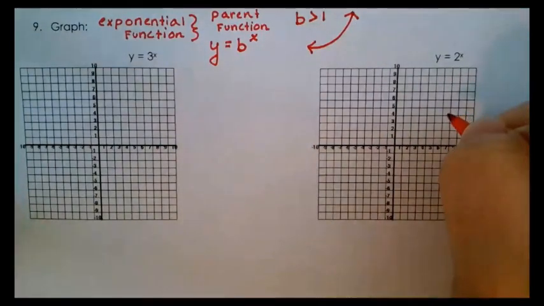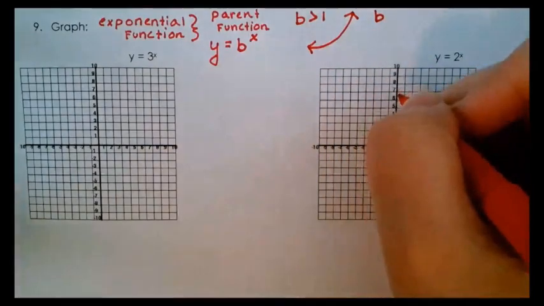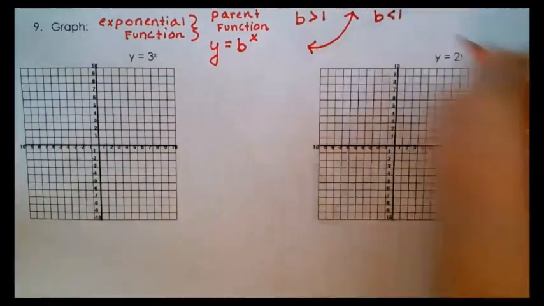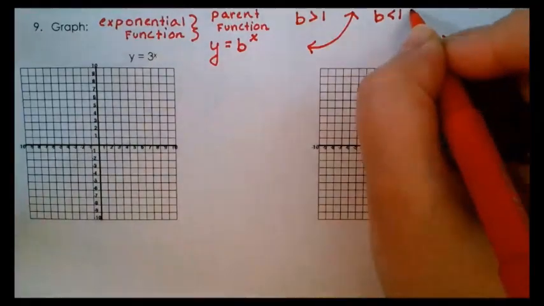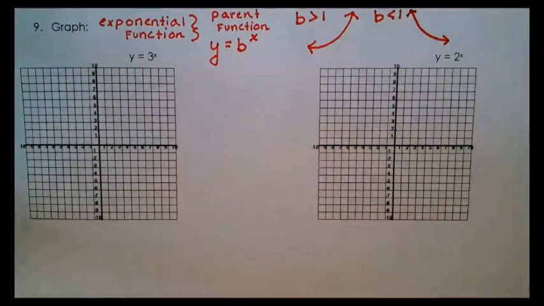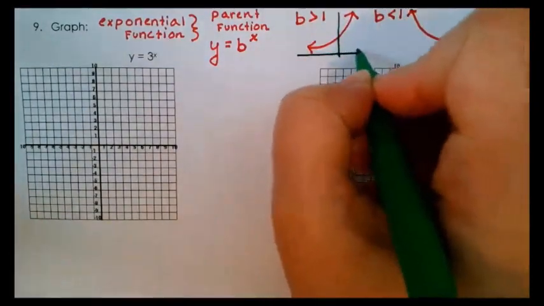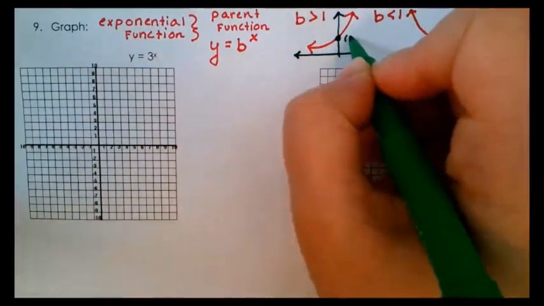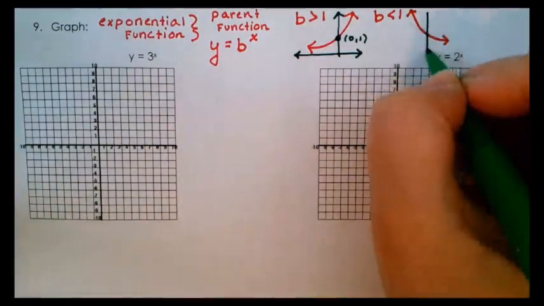And that's a quick sketch. However, if your base is less than 1, maybe it's 0.5, 0.75, your exponential function is going to be going down. However, both of these parent functions, regardless of the base, will cross the y-axis at the same point. They're going to cross at the point 0, 1 for both of them.